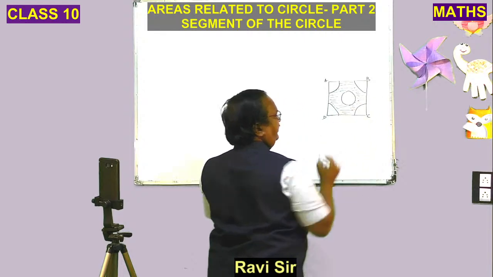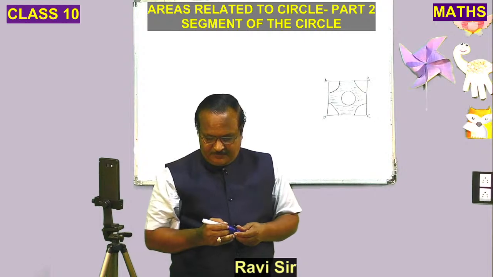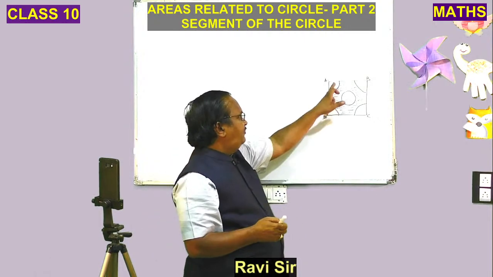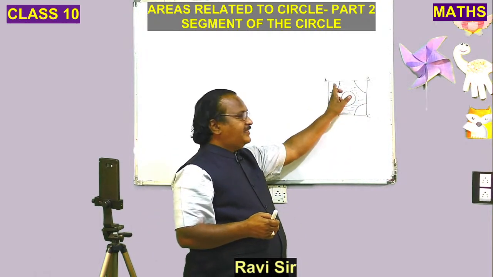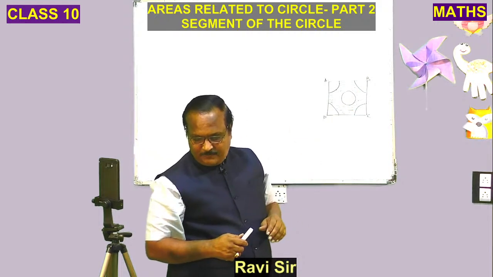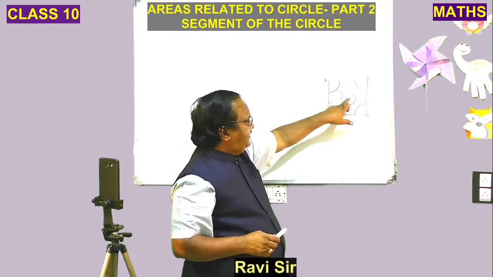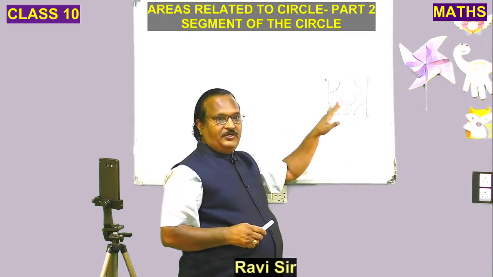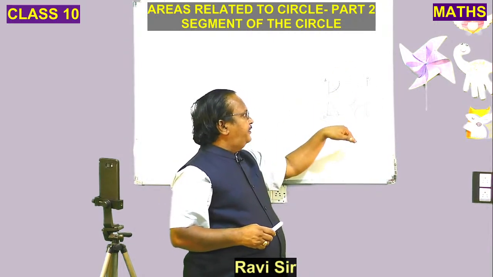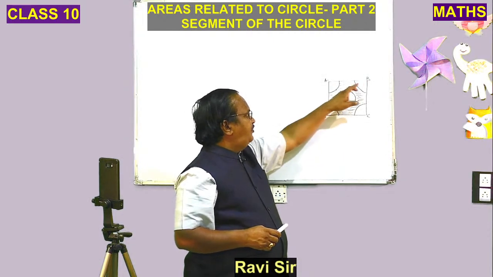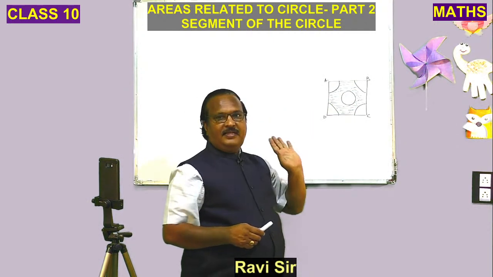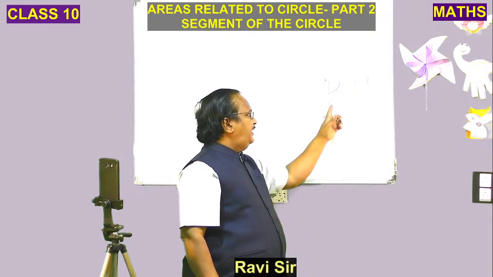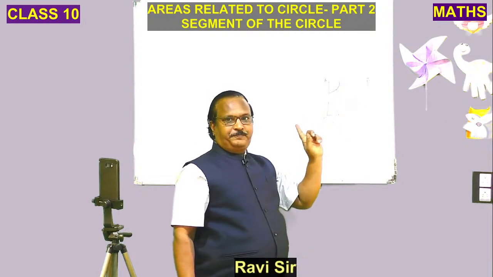Okay. So, in this what type of figures are involved? There are 4 equal sectors, all these 4 sectors are equal. And there is one circle inside, and then one square. So, square minus these 4 sectors minus this circle will give you the area of this shaded region.